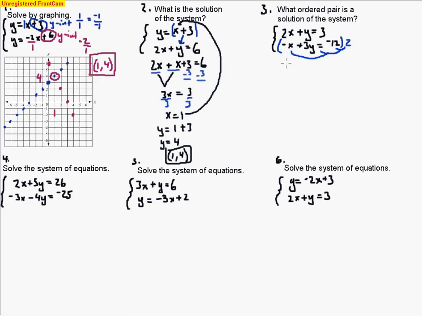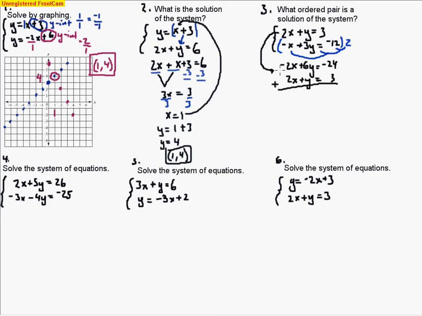So I'm going to rewrite what I would have the new modified equation be negative 2x plus 6y equals negative 24. Make sure you multiply every number in that equation by 2 in this case. So I'll rewrite this top equation down below. So it's going to be a 2x plus y equals 3. So I'm ready to add these together.